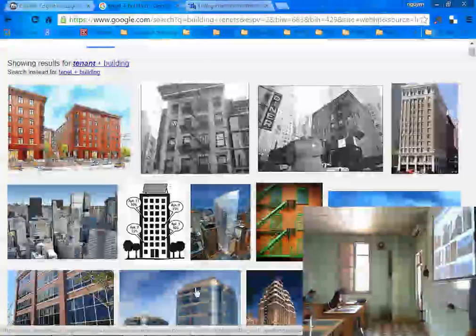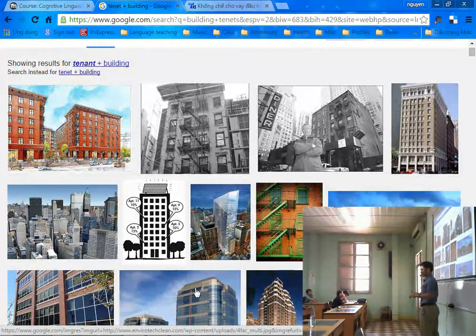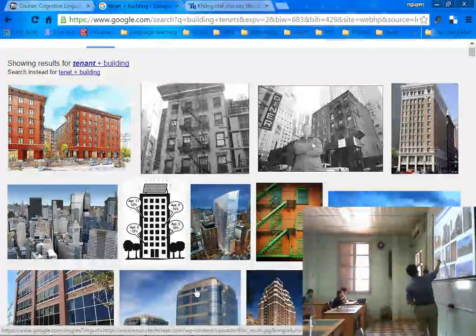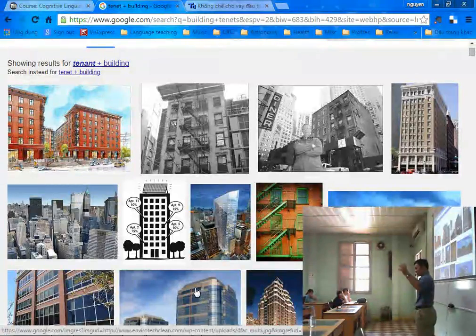A tenet is like the building structure that really stands out from all the others. In the picture you have this is the tenet. That is something that is really outstanding, recognizable.